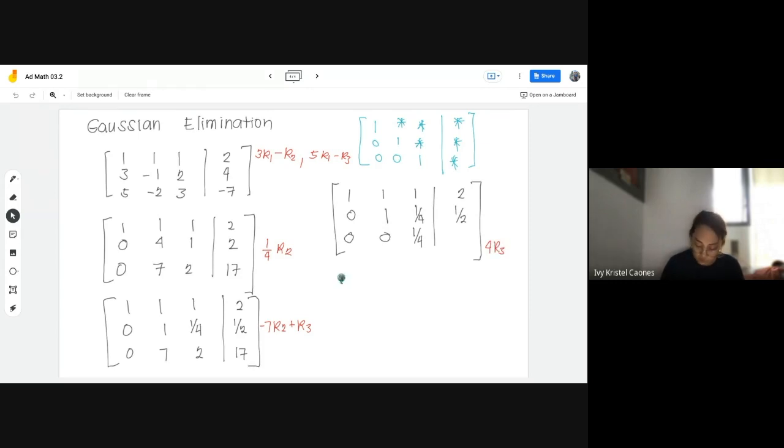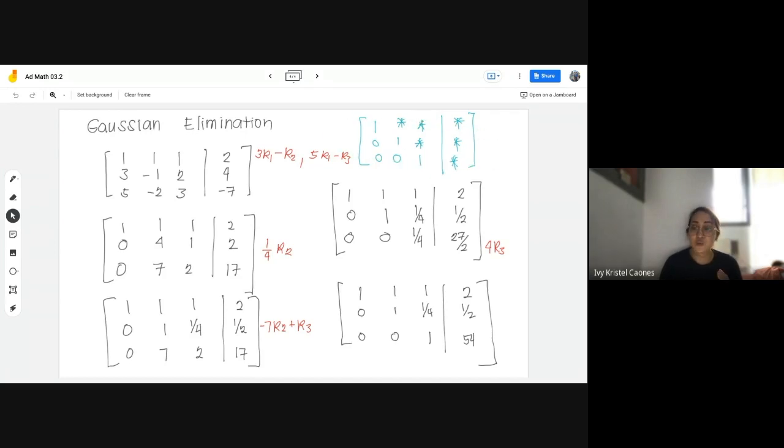This will give you 1, 1, 1, 2, 0, 1, 1/4, 1/2, 0, 0, 1. What's the value of this last missing element? 27 over 2. Multiply it by 4 will give you 54, which is the value of your Z from Cramer's rule. So after this, we already have this pattern.